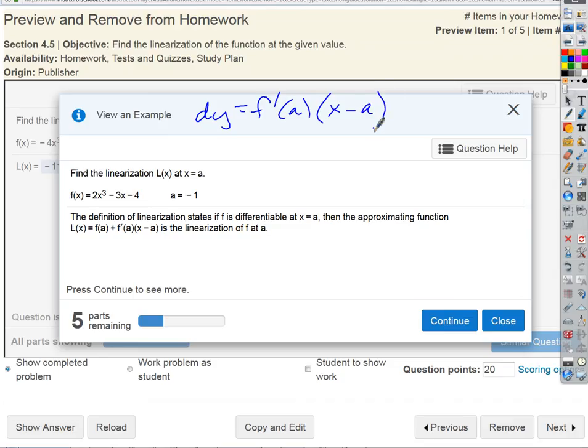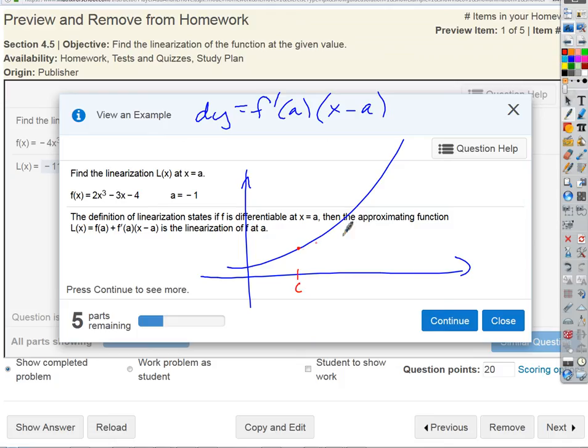But think about the picture we drew. It looked like this. We had some value which we called c, we'll call it a. And let's say here's x. And then here's the tangent line that approximates the change in y. Well, we built the right triangle, and we called that dx, and we called this dy. And we just said this is just the slope of the curve.